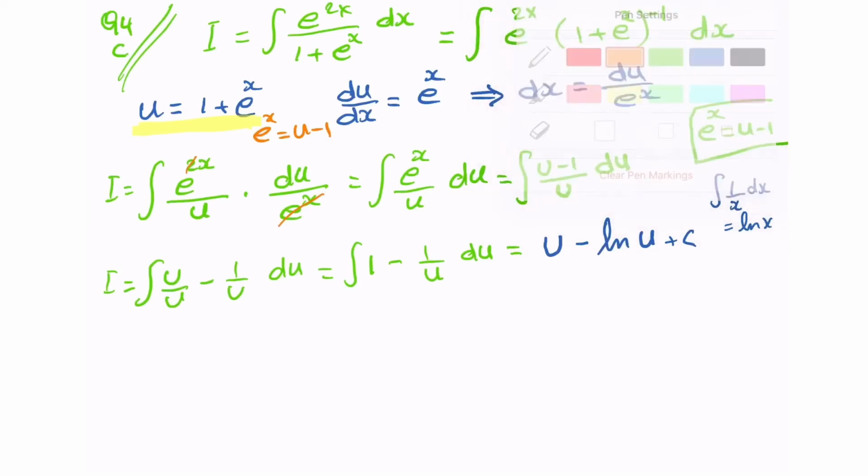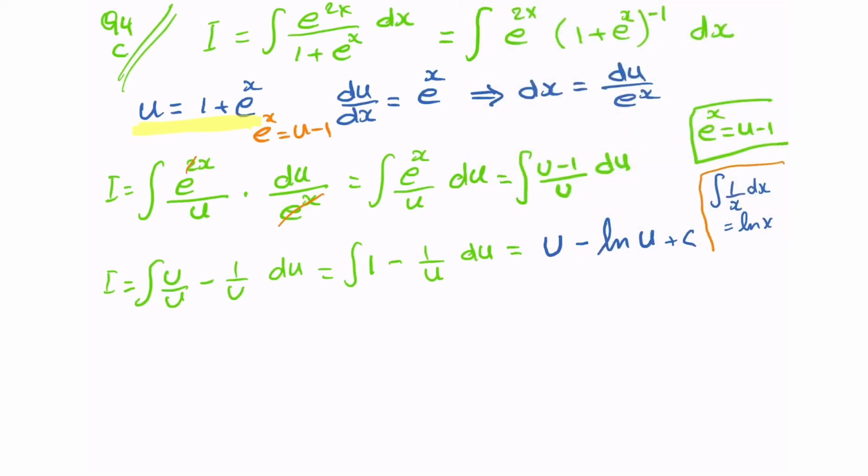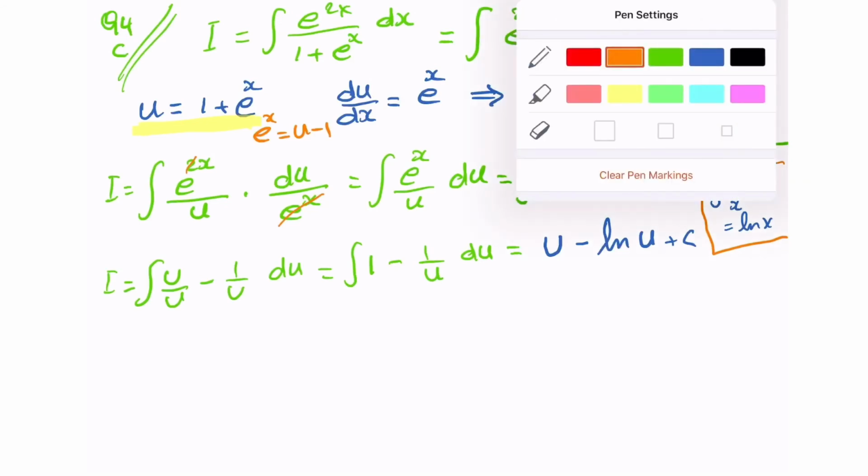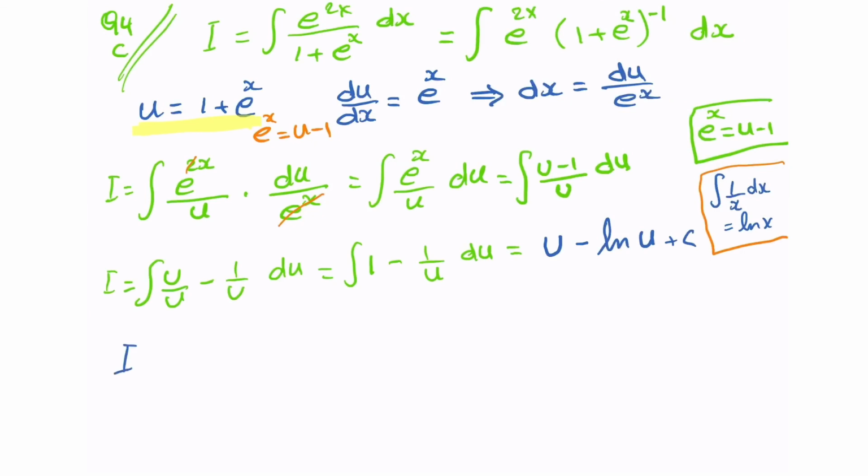This is just for you as a note to remember why I did this. Right, so go back, then therefore I equals, now I change all my u's into the original thing.